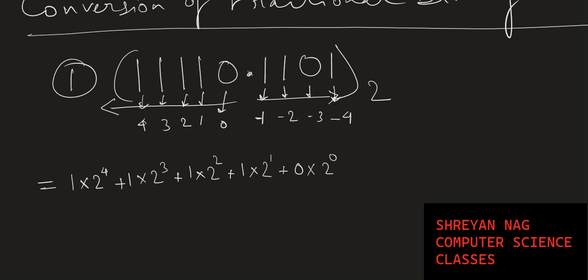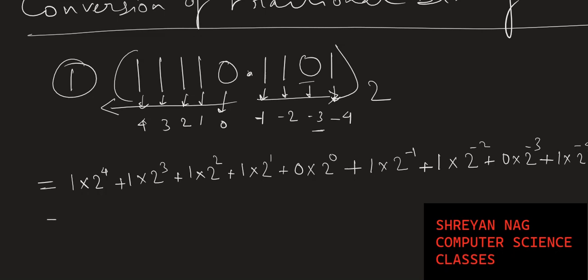Then carry forward: 1 into 2 to the power of minus 1 plus 1 into 2 to the power of minus 2 plus 0 into 2 to the power of minus 3 plus 1 into 2 to the power of minus 4.